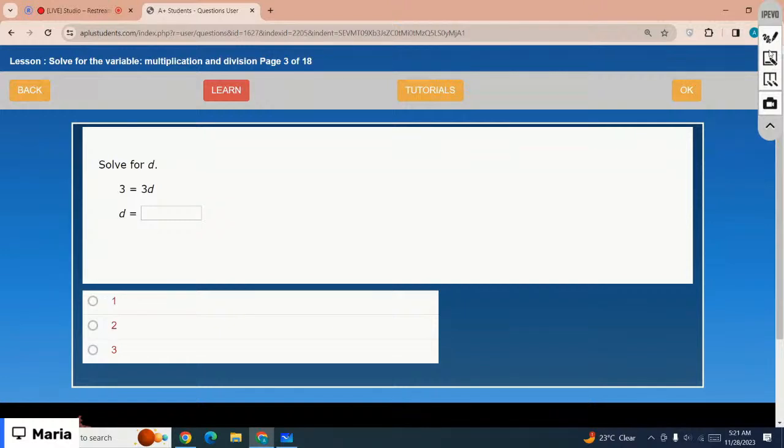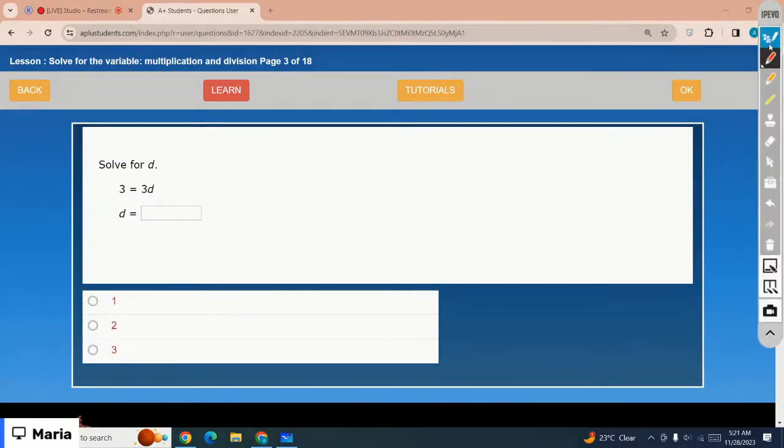You need to calculate the value of d, right? 3 is multiplying d, and opposite to multiplication is division. So you need to divide both sides by 3 because you need to isolate the variable d. So 3 times 1 is 3, and 3 times 1 is 3. The correct option is d equals 1.